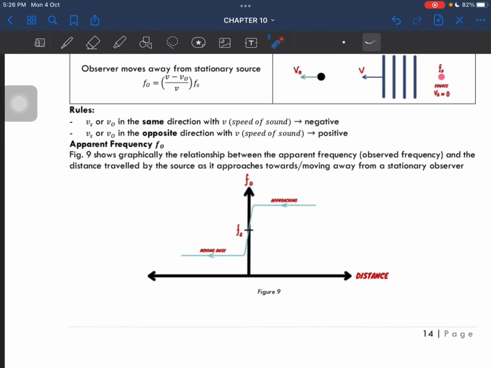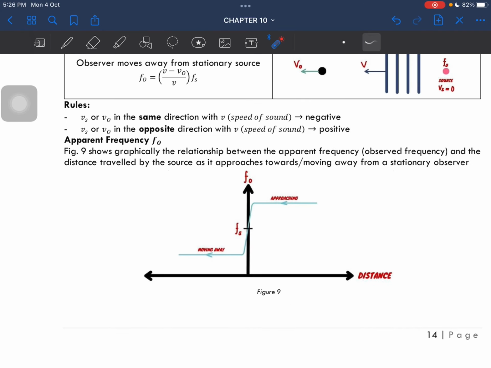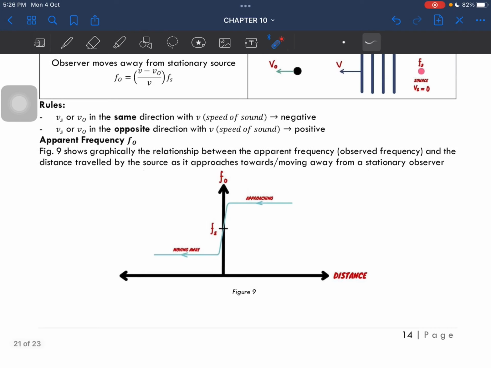Okay, right, so this is the apparent frequency. This is the relationship between the apparent frequency, which is the observed frequency, and the distance traveled by the source as it approaches or moves away from a stationary observer.